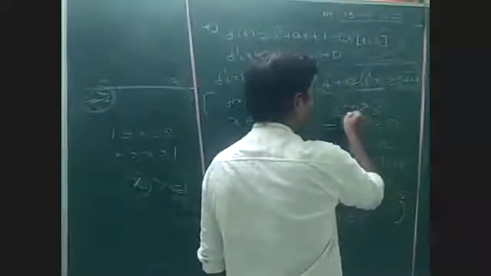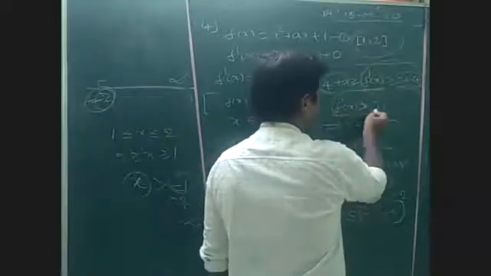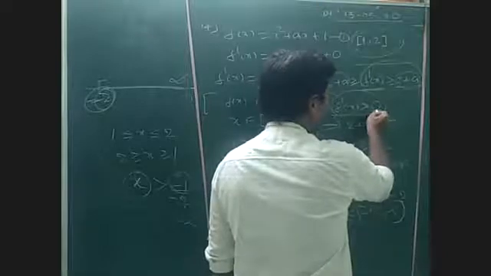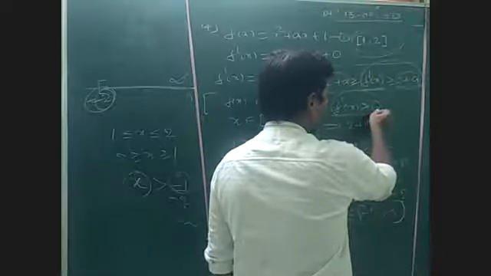Whenever it is strictly greater than 0, it may be 1, 2, 3, 4, like that. But for this value, we can take 0, minus 1, minus 2, whatever the value.